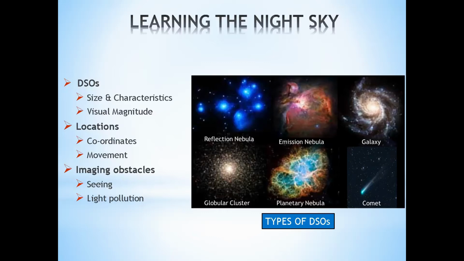Globular clusters are clusters of stars which are held together by their own gravity. They don't spin around, they just huddle together. Planetary nebulae are gas clouds that were emitted when a star in the middle exploded, and so you're seeing the gases emitted by that star. And we're all familiar with comets.